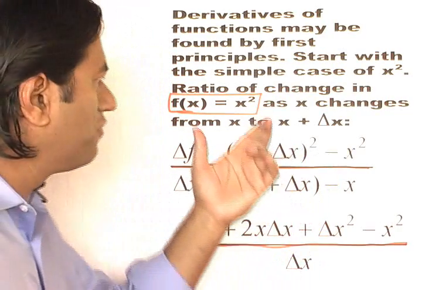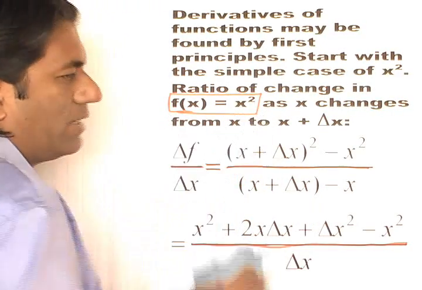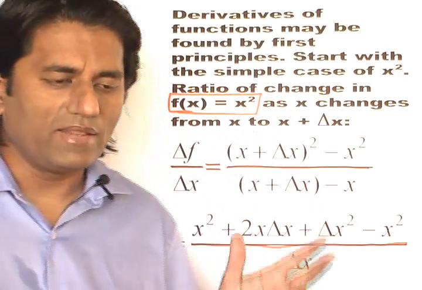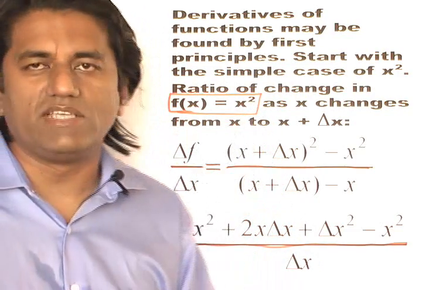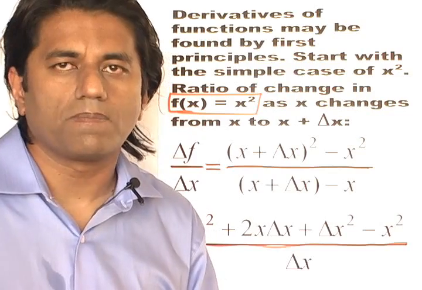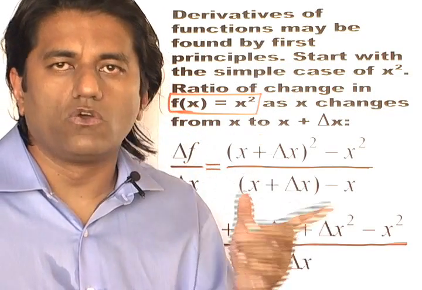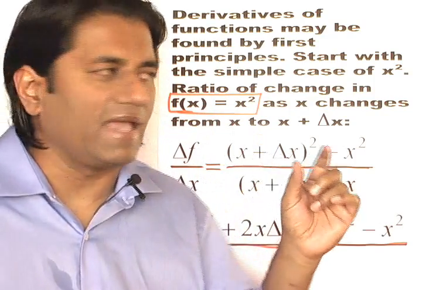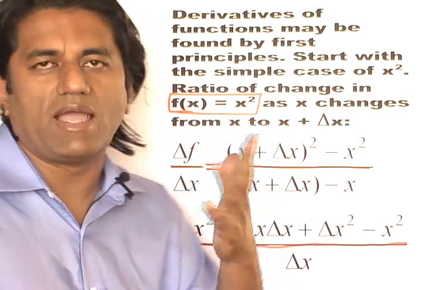And if your function was, for example, f(x) equal to x squared, and I said, what is the derivative of it at, let's say, x equal to 3, then what you could do is you could say, okay, at x equal to 3, the function value is 3 squared, that is 9.